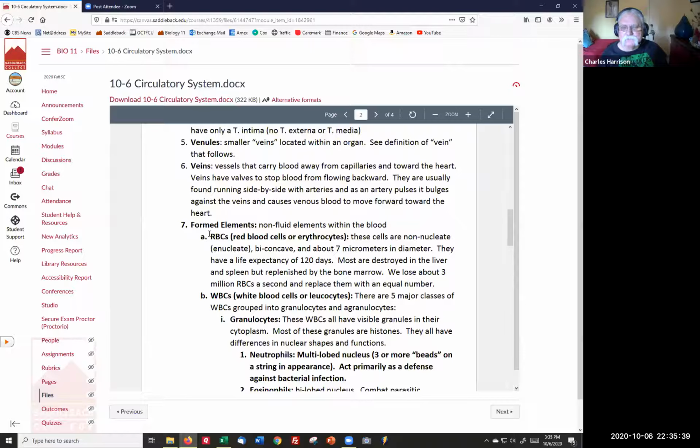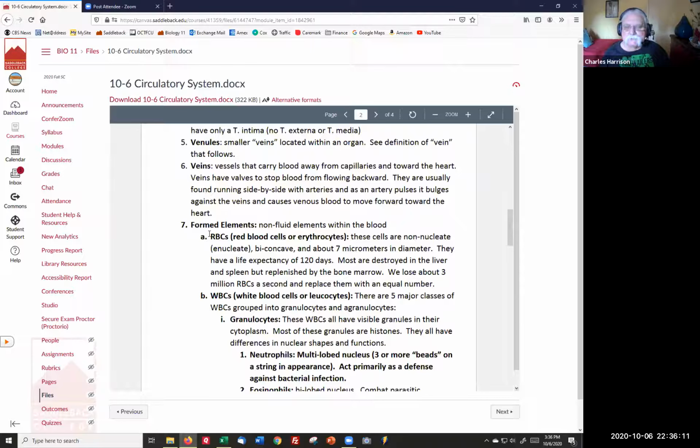When they give up the ghost, when they're finished with, they're usually processed by the spleen and the liver to eliminate them. More are produced in the bone marrow. Enough are produced in a normal person to replace what we lose, and that is approximately 3 million red blood cells per second. And 3 million more have to be produced.